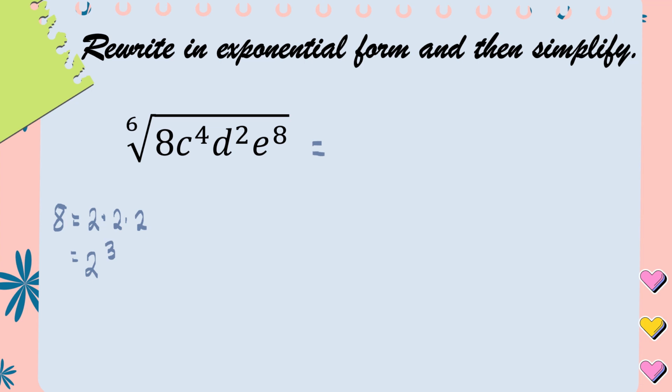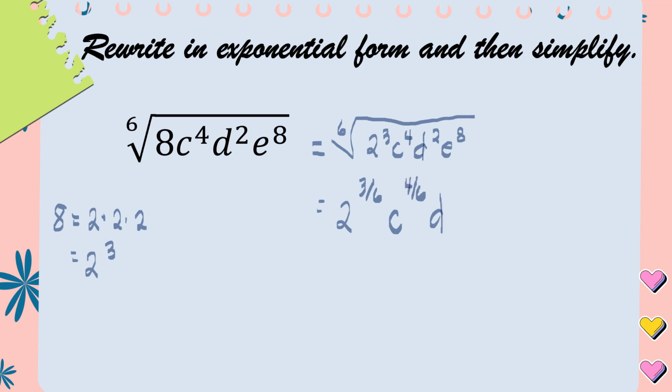So we have 6th root of 2 raised to 3, c raised to 4, d raised to 2, e raised to 8. So when we write this in exponential form, we get 2 raised to 3 over 6, c raised to 4 over 6, d raised to 2 over 6, and e raised to 8 over 6.